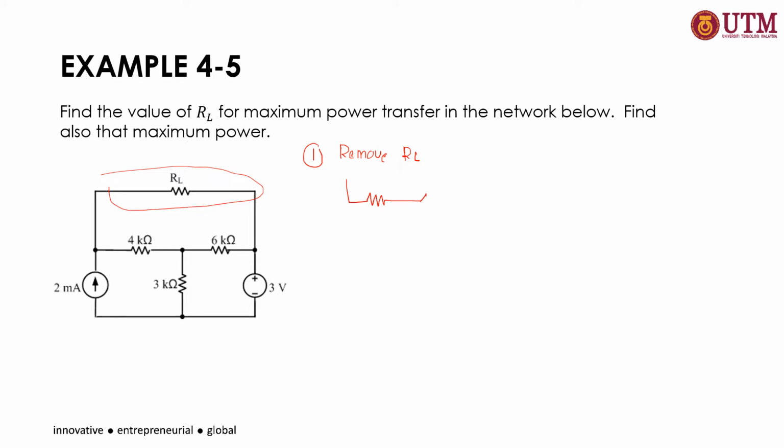So now our new circuit will look like this. This is your voltage source, 6 kilo ohm, 4 kilo ohm, 3 kilo ohm, and 2 milliampere. This is where we want to find the VTH and also the RTH.